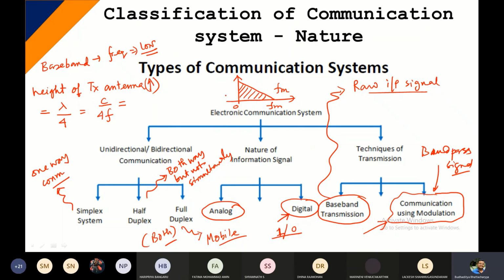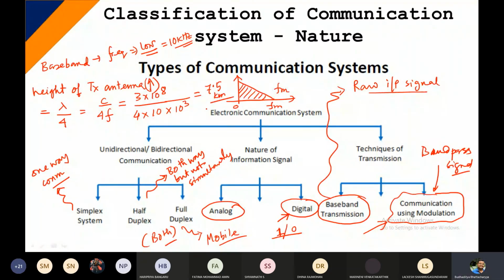For example, suppose this f that you're looking at is 10 kilohertz. If you substitute all the data, for example 3 into 10 to the power 8 for the velocity of light c, and 4 into 10 into 10 to the power 3, this calculation gives a value of around 7.5 kilometers.